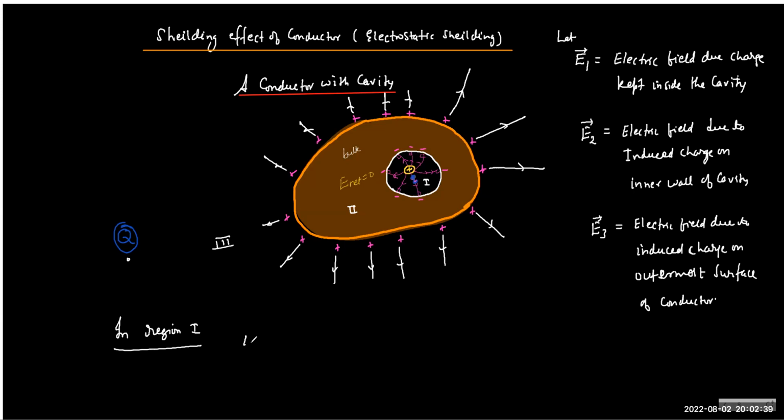No. The electric field in that cavity is the vector sum of E1 and E2. The field is due to the charge inside and the induced charge both, not only one charge. Understood? Because the plus charge emanates field lines which terminate on the negative charge, so both are contributors to the field.